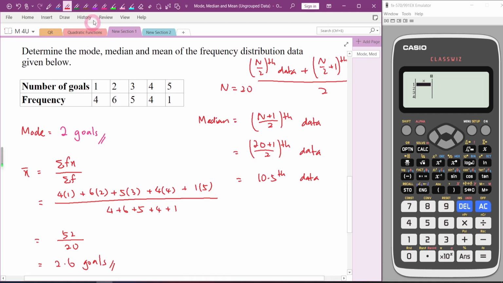So we can add one row underneath this table. Let me do it this way. This is just for your own reference. So let me write position. This is the position of the data 1 until 4.